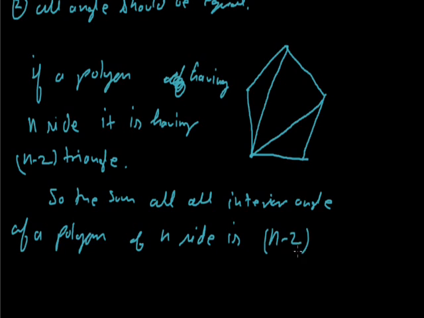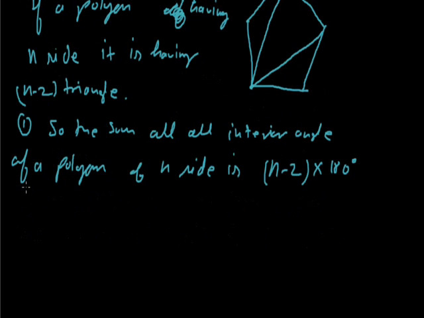As we know that the sum of the interior angles of a triangle is 180 degrees, in an n-sided polygon there are n minus 2 triangles. So the sum of all the interior angles of a polygon is (n minus 2) times 180 degrees. This is our first result.